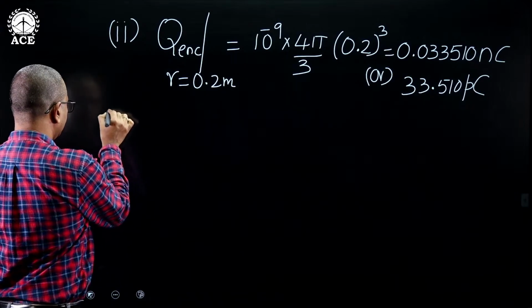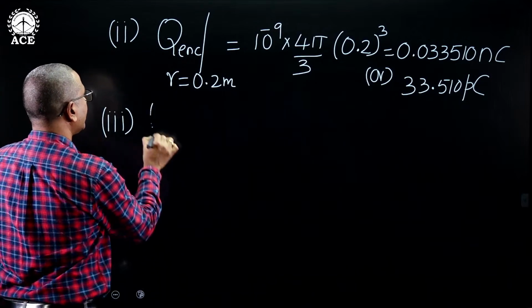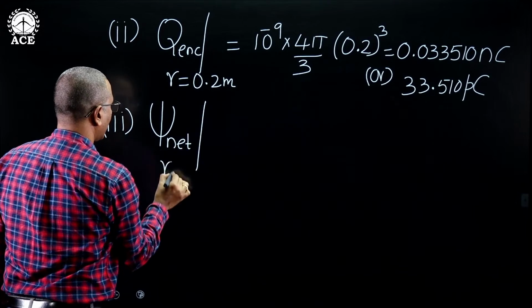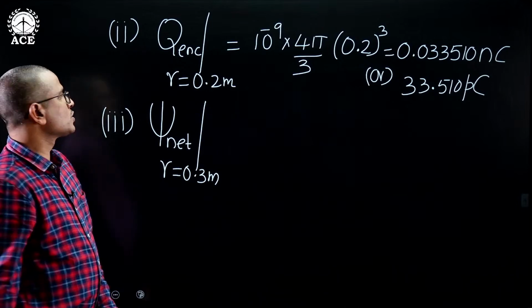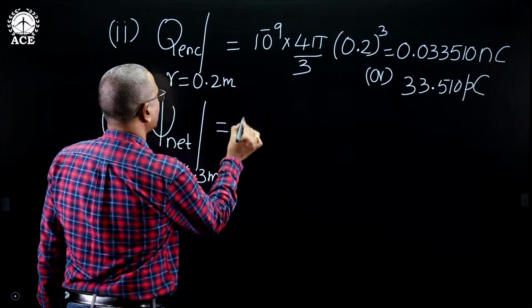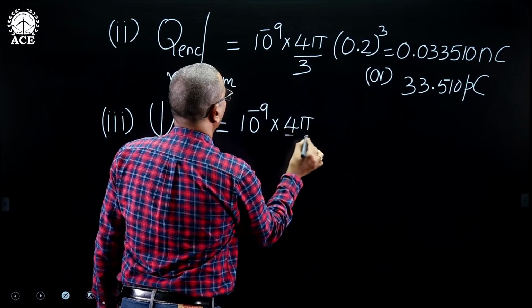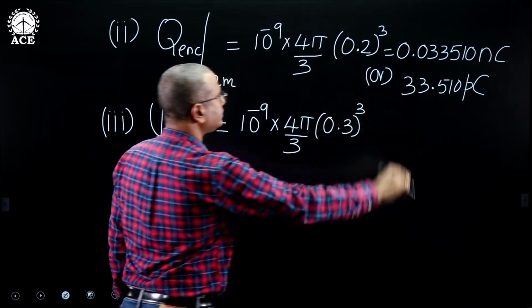What is the third one? They are asking us to compute the net electric flux leaving a sphere of radius r equal to 0.3 meters. The radius is changed. The dimension of the sphere has been changed. Then what is that? 10 to the power of minus 9, 4 pi/3, 0.3 whole cube.